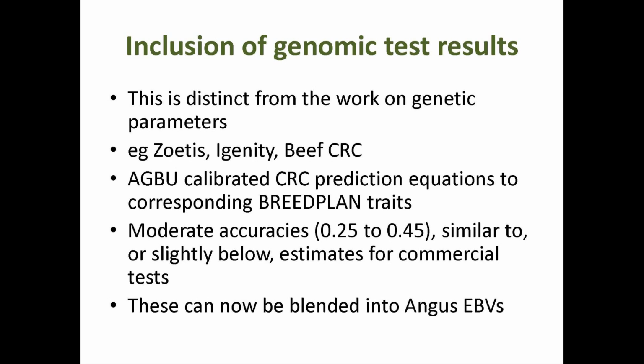There's been some interest in stability or cow longevity kind of EBVs, and scientists in AGBU have had a look at this, some people in the United States as well, and we're now working through the process to generate some EBVs for Australian Angus cattle for this trait.